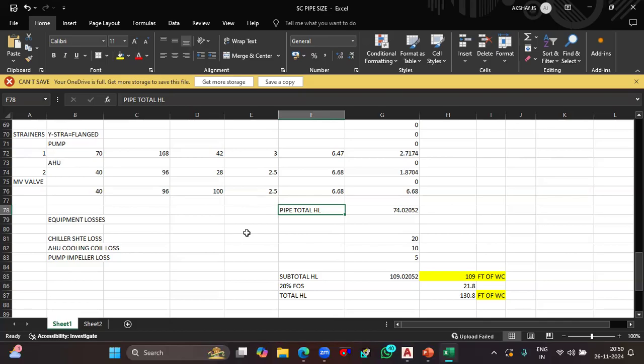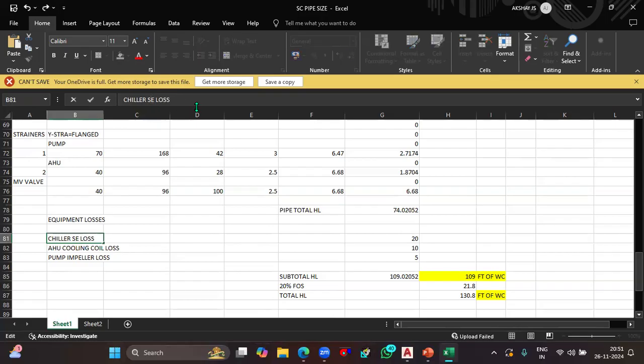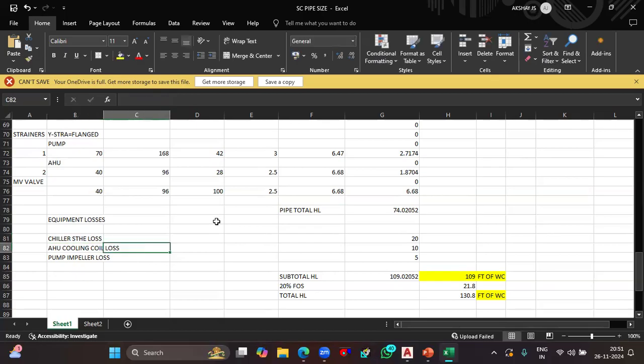So respectively for equipment loss, we can see chiller, shell and tube heat exchanger loss. That means after the water is carried over from the respective air handling units, it should again be terminated into the chiller itself, isn't it? Inside the chiller, you will have these tube arrangements.